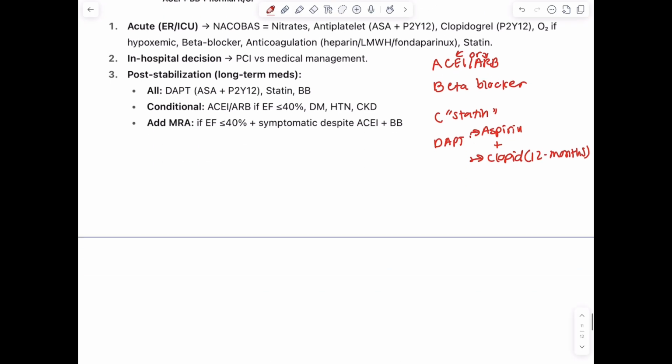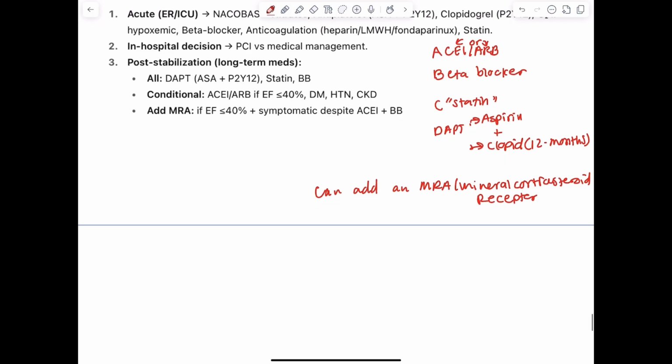And you can add an MRA, which is the mineralocorticoid receptor antagonist. Am I writing this right? You're gonna know what I mean. Okay, so MRA, which is gonna be for ejection fraction less than 40%.